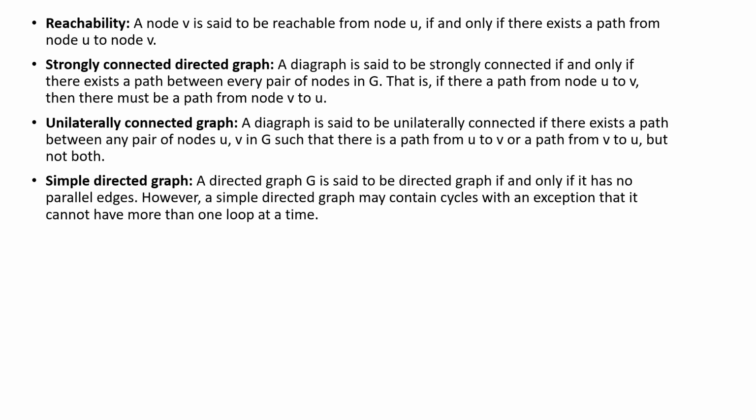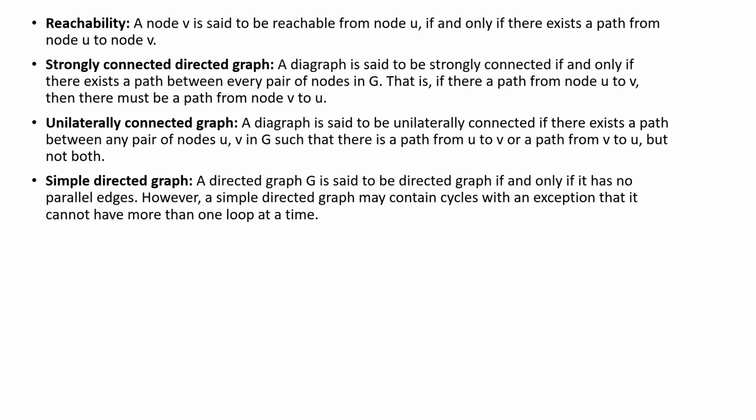Now, unilaterally connected graph. A digraph is said to be unilaterally connected if there exists a path between any pair of nodes U, V in G such that there is a path from U to V or a path from V to U, but not both. Suppose we have a connected graph and we can find a path from U to V in that graph.